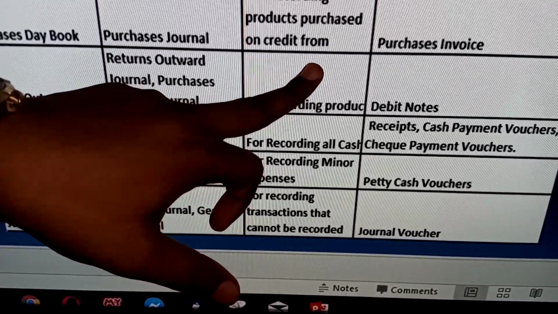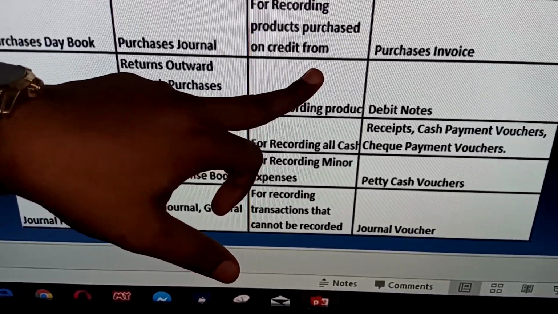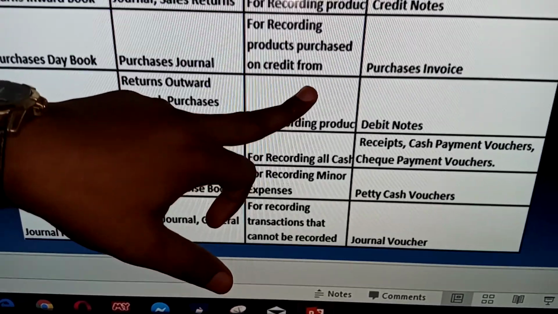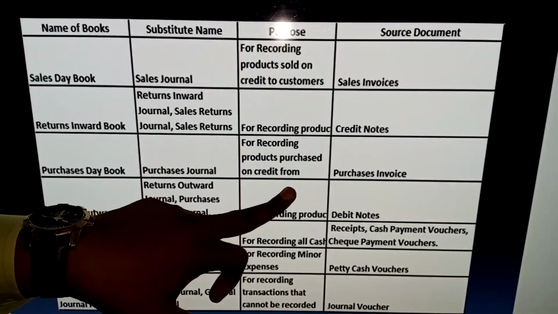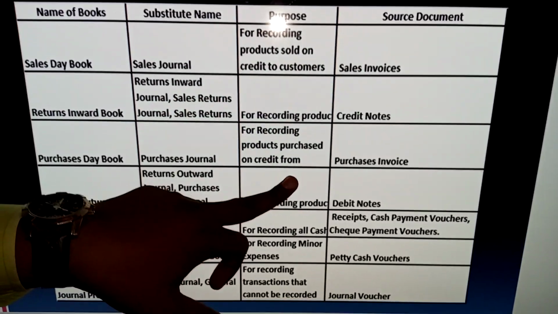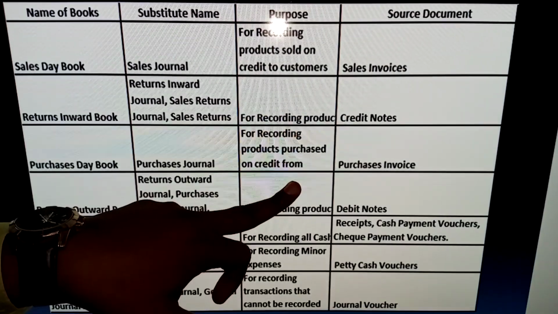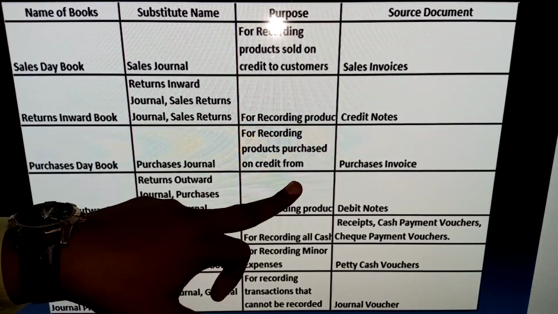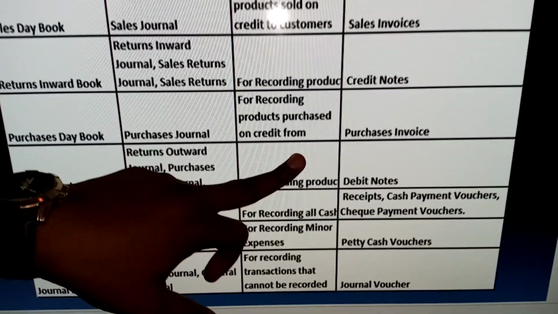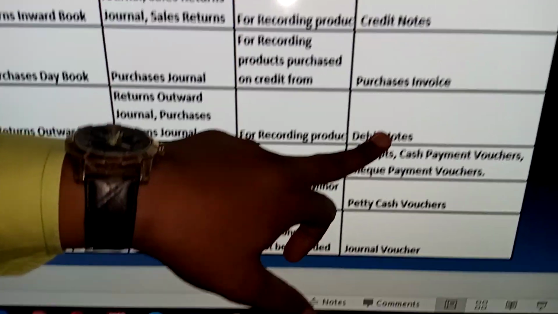Now the supplier is going to say, okay, you're owing him 100,000. Now, if for instance, you return goods worth 10,000 to the supplier, that would mean that you are owing that supplier 90,000 instead of 100,000. So you issue the supplier a debit note.